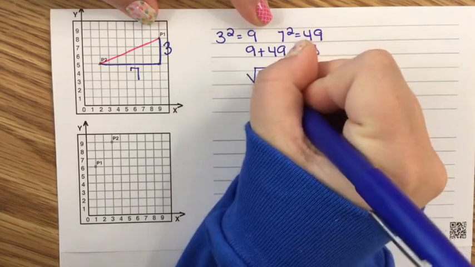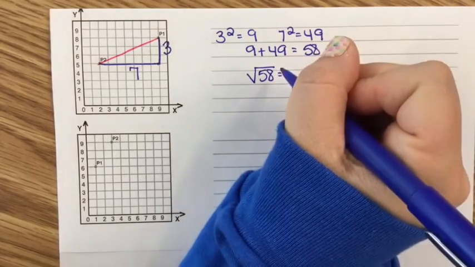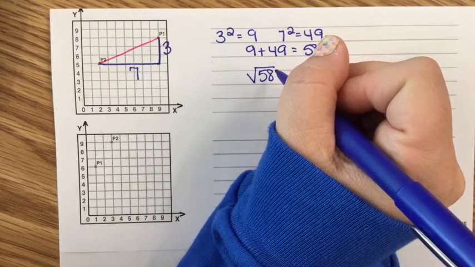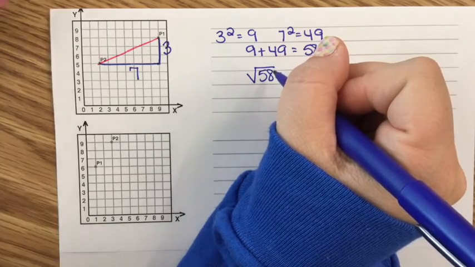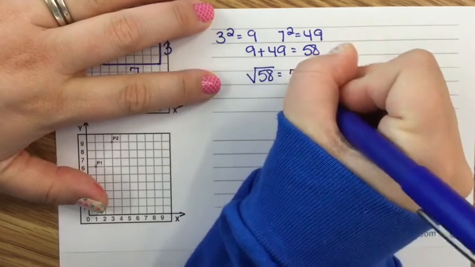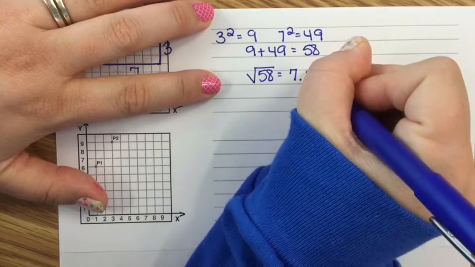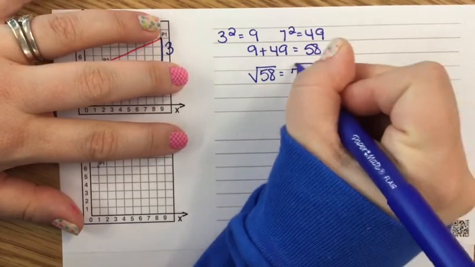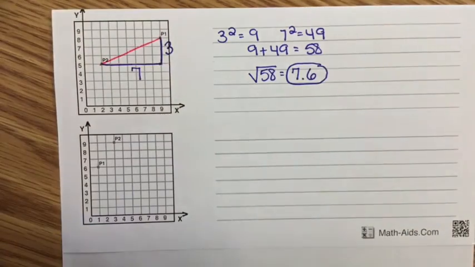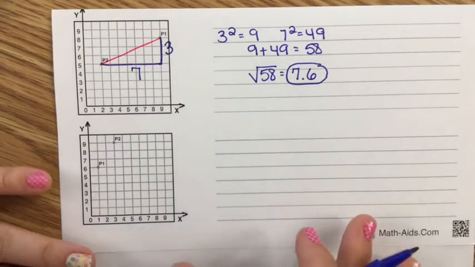So square root of 58, I've got a calculator now. So I'm going to do second x squared 58 and get 7.6 or 7.61 or 2. You know, I'm flexible with the rounding. So the distance is approximately 7.6 between these 2 points.